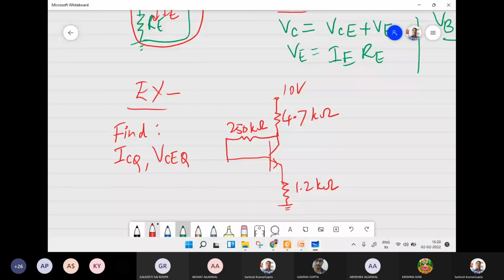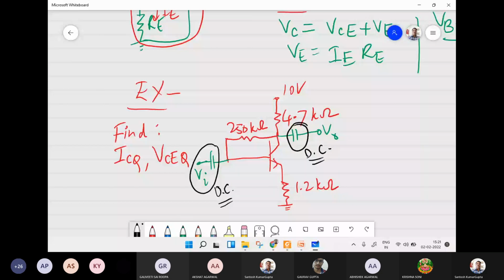Apart from this, sometimes these parts also may be given with Vo and Vi. But we don't really need to take this into account, because for DC, these capacitors are going to act like open circuit. Okay, so no need to worry about the presence of these coupling capacitors for DC analysis.